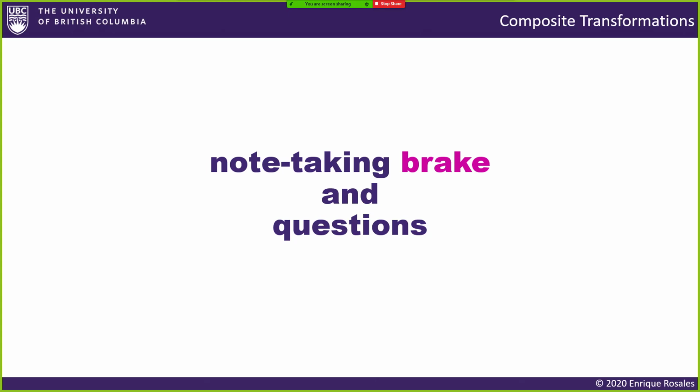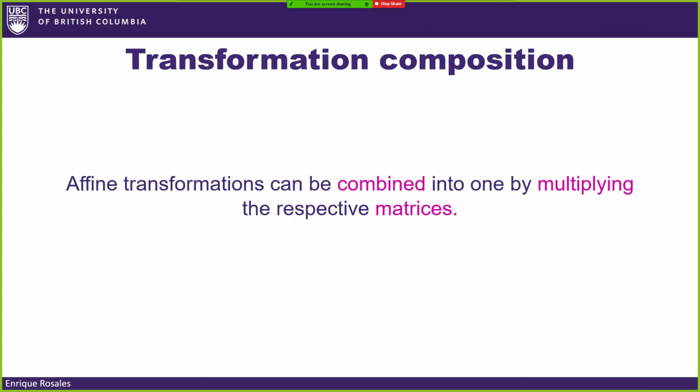So let's continue. What is this transformation composition? It means that affine transformations can be combined into one single matrix by multiplying those matrices. This is super important, and this is possible because we are using affine transformations, right? If we use, for example, 3x3 matrices, you can also combine 3x3 matrices. You can have two 3x3 rotation matrices and multiply them.